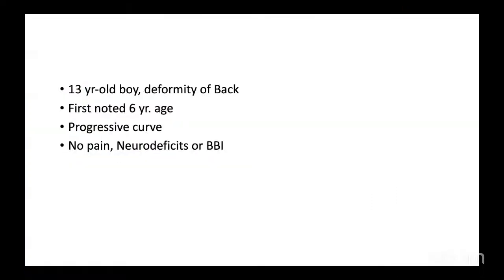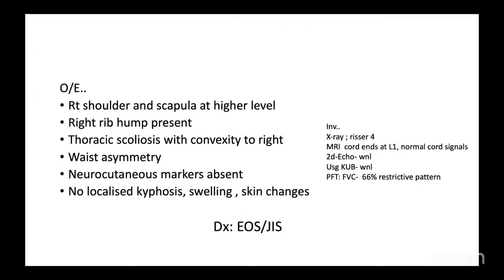Good evening. I'm presenting a case of a 13-year-old boy who presented to us with a deformity of the back, first noted at 6 years of age. The curve was gradually progressive, and he has no pain, no neuro deficit. On examination, the right shoulder and scapula are at a higher level.